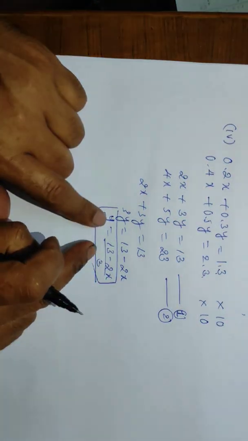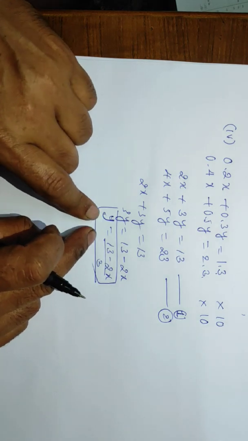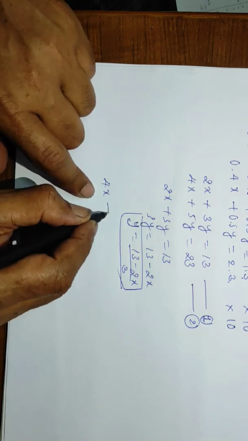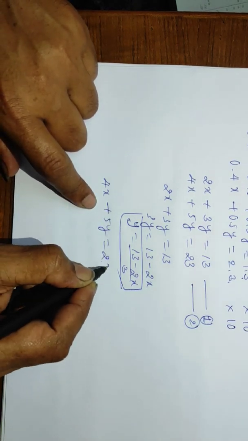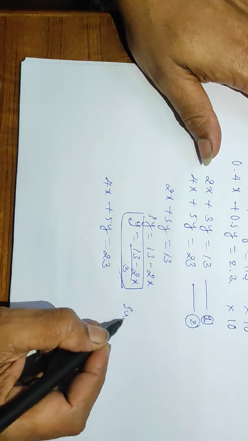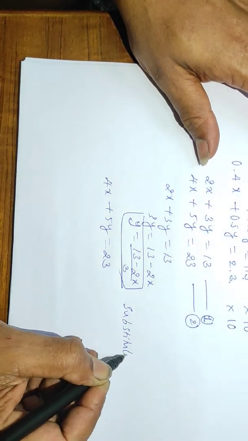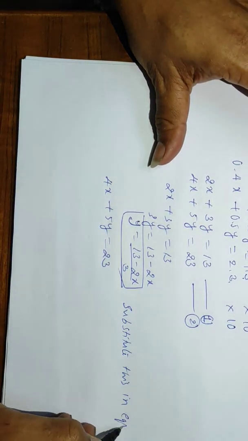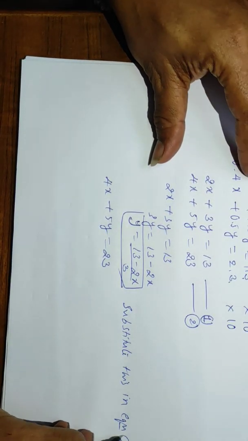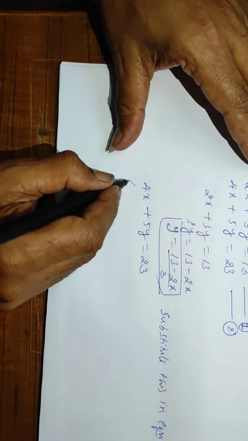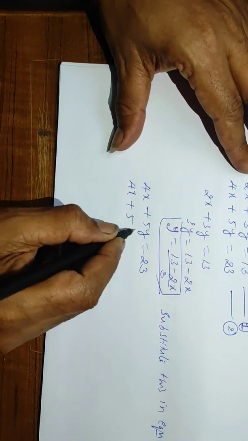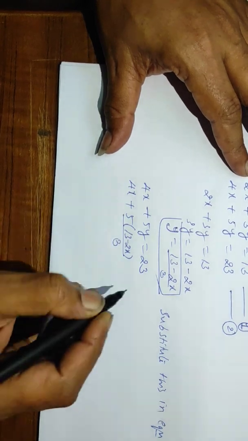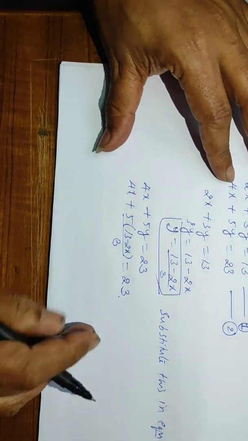Now let me substitute the value of this variable, that is y, in equation 2. So 4x plus 5y is equal to 23. Substituting this in equation 2, 4x plus 5 into (13 minus 2x) by 3 is equal to 23.